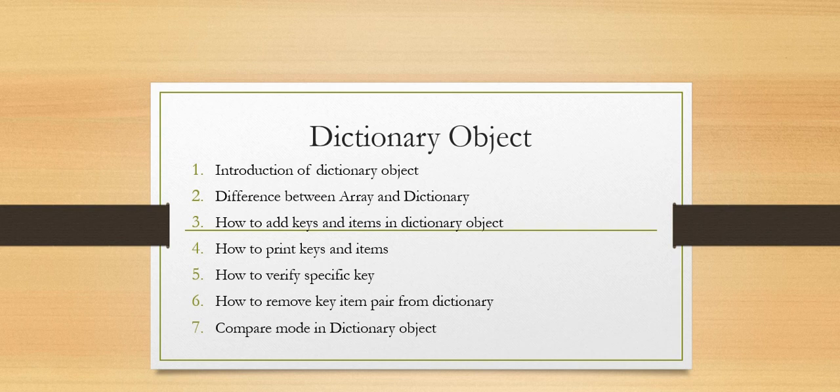Another advantage of the dictionary object is that the most important reason to use a dictionary instead of an array is that a dictionary is more flexible and richer in terms of built-in functionality. A dictionary works better than an array when you need to access random elements frequently. A dictionary also works better when you want to locate items by their content rather than their position.